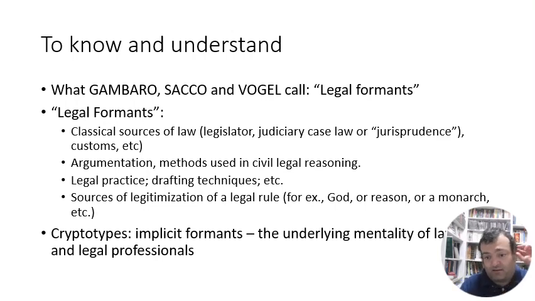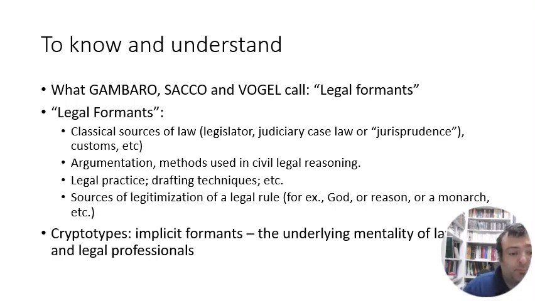For instance, in Islamic and religious systems in general, it would be God or the holy books. And in Europe and in monarchies in Europe, what would legitimize the law is the monarch, the king himself, because he was looked at as having a divine mission, in a monarchie de droit divin, as they used to call it.